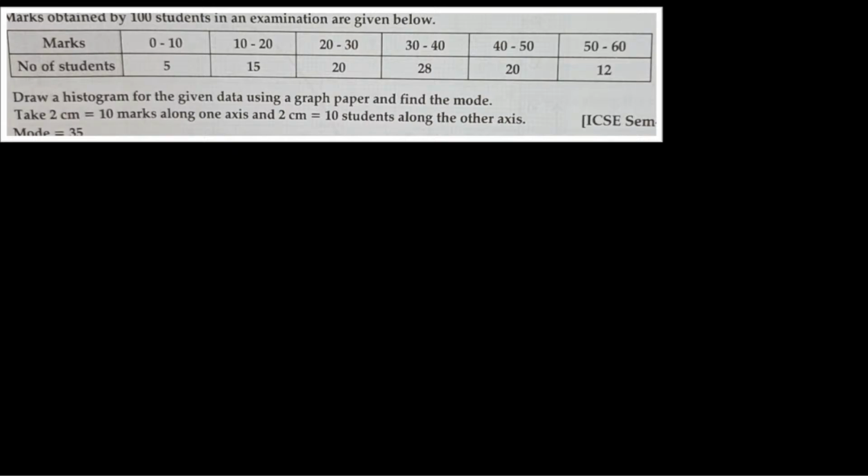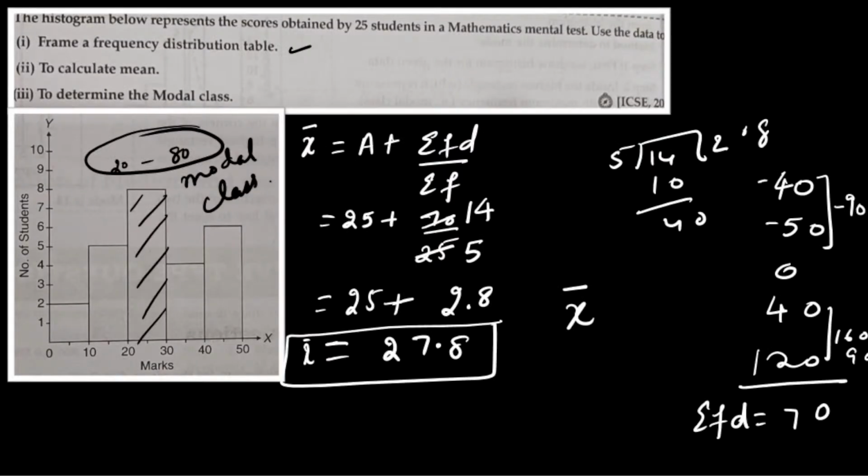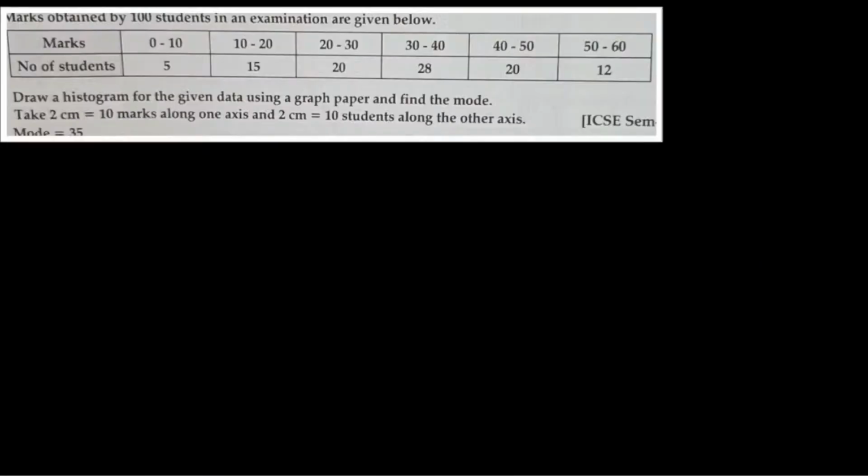I have explained the histogram you have to draw, then you have to join the corners of the highest bar, like in the previous question. So the same way you can do. I want you to take a screenshot and take this question as practice. So I hope the screenshot is taken.